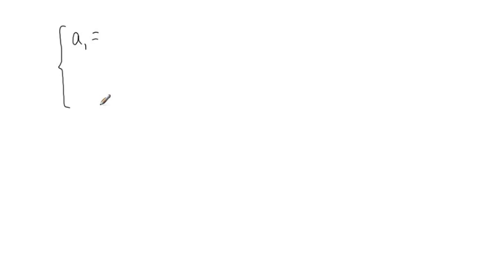If we're given that the first term of a sequence is 2, we then need to know how to generate the nth term. The nth term, in this case, can be found by taking 4 and multiplying it by the previous term.